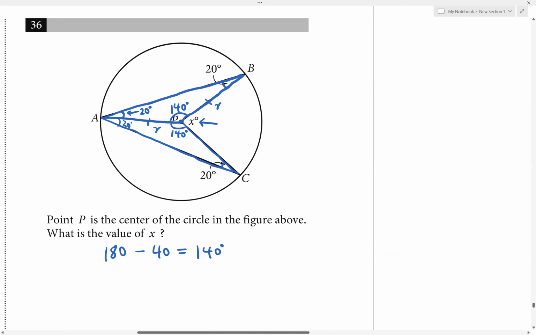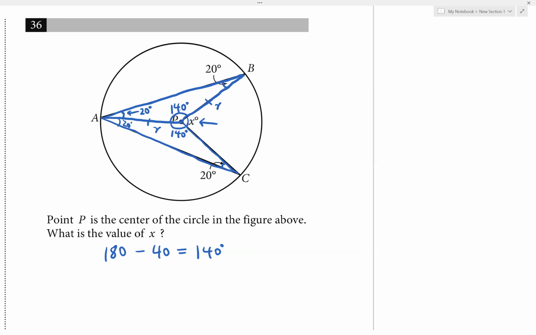You see all three of these angles, the 140, 140, and x. If we add them together, they form a full circle, which is 360 degrees. So to solve for x, we can subtract 140 and then another 140 from 360.